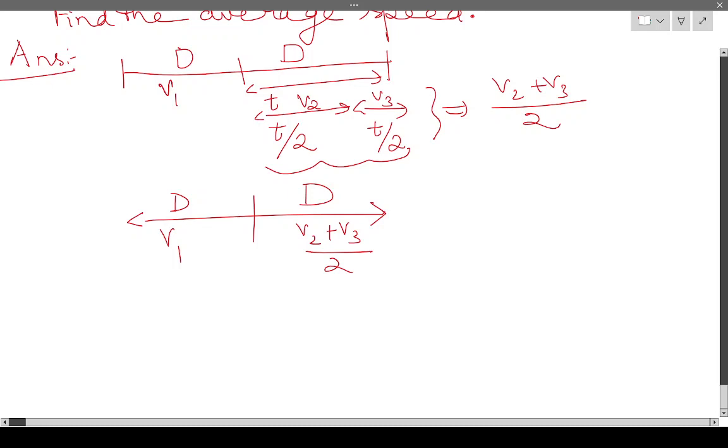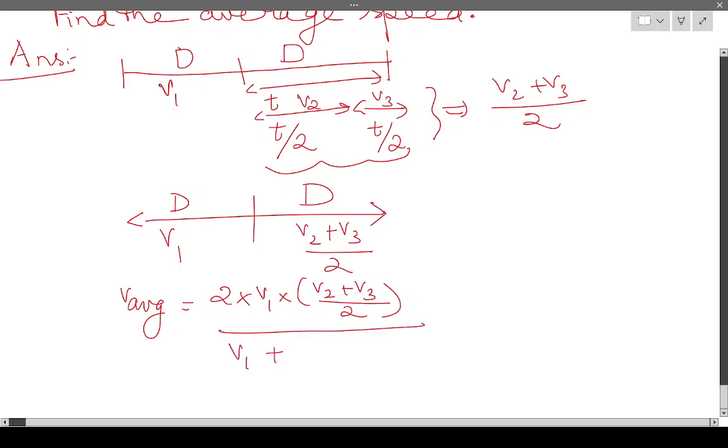Average speed is going to be 2 v1 into v2 plus v3 by 2, whole divided by v1 plus v2 plus v3 by 2. Simplify this.